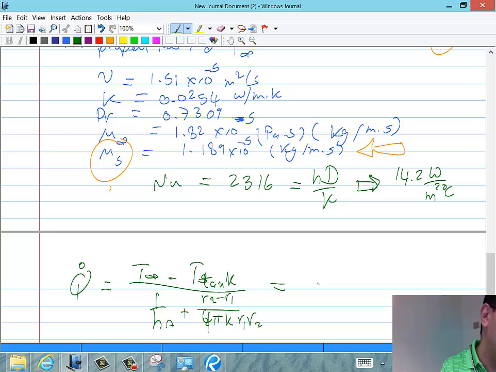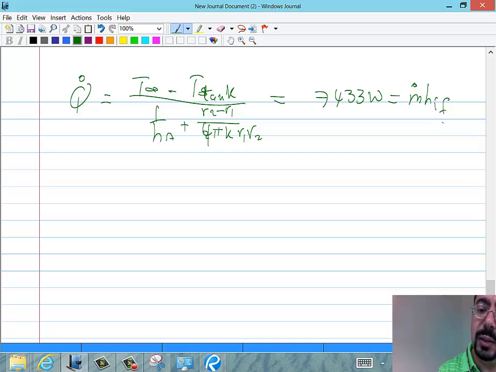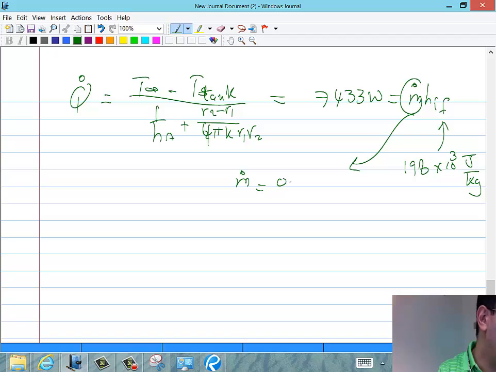Everything is given now. This ends up being 7433 watt. This is equal to M dot h_if, or the latent heat. This latent heat was 198 times 10 to the power 3 joule per kilogram, and stick to SI units so that you wouldn't go wrong. And therefore M dot becomes 0.037 kilogram per second.